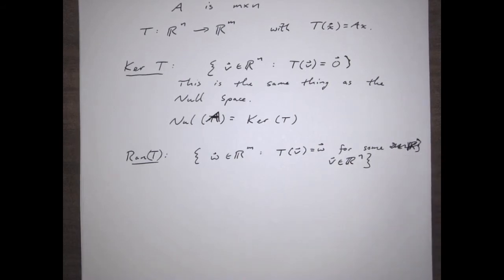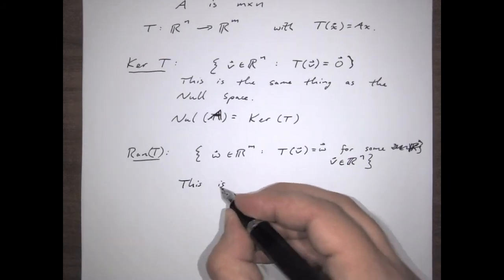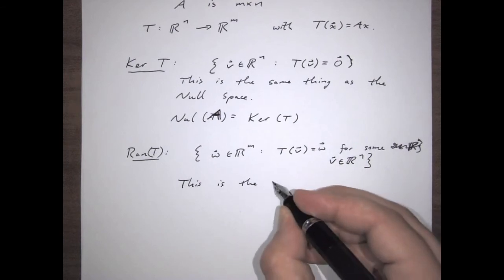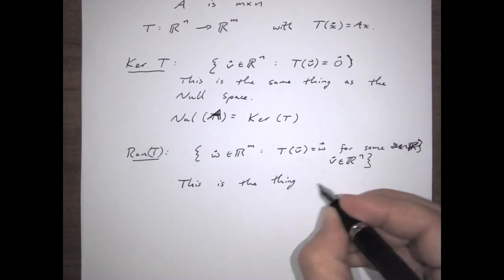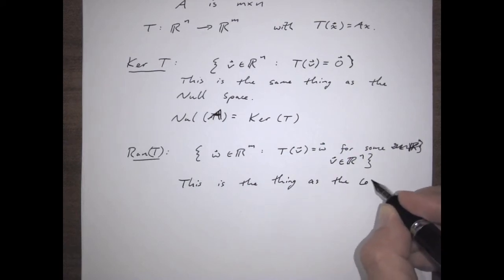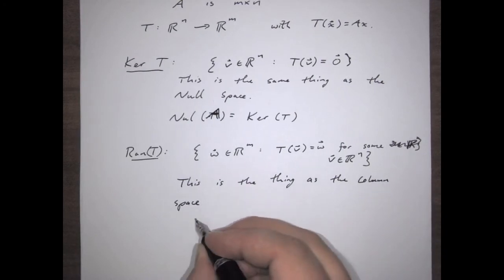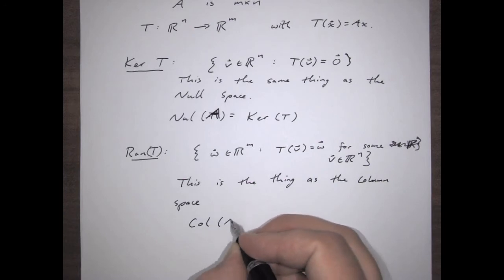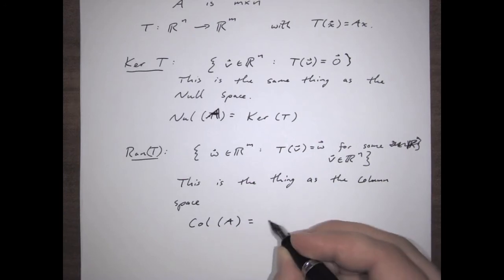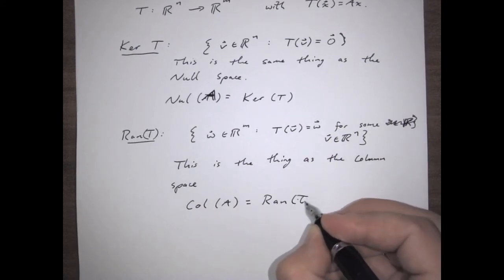So these are elements of Rm. But this is the same as the column space. So that means the column space of A is equal to the range of T.